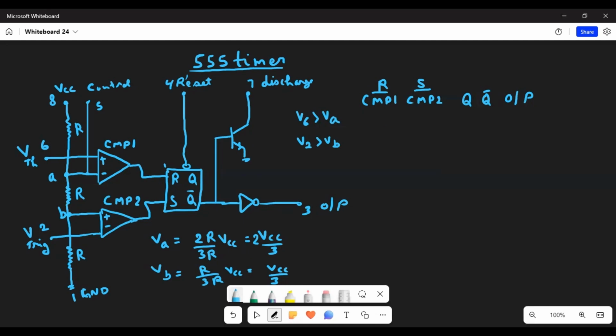Similarly, V2 is greater than VB, so the output of comparator 2 will be 0. So R will be 1 and S will be 0. This means, as per the truth table, Q will be 0, so Q bar will be 1 and the output will be 0.